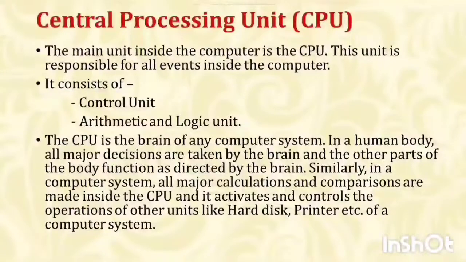In a human body, all the major decisions are taken by the brain, and the other parts of the body function as directed by the brain. Similarly, in a computer system also, all the major calculations and comparisons are made inside the CPU, and it activates and controls the operation of other units like hard disk, printer, etc. of a computer system.